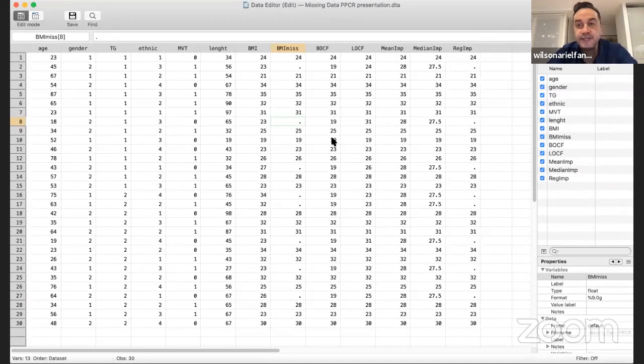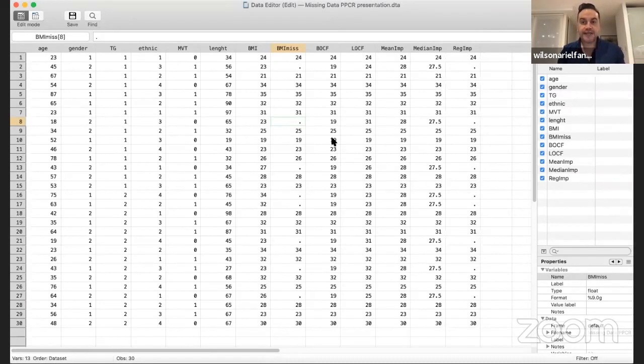And the rationale behind that is because it's more conservative. And it's more conservative because it increases the type 2 error. The more you have missing data, the more baseline observations you are going to have, and then the less possibility of finding a difference you're going to have.